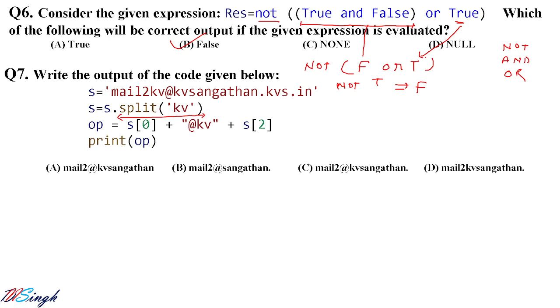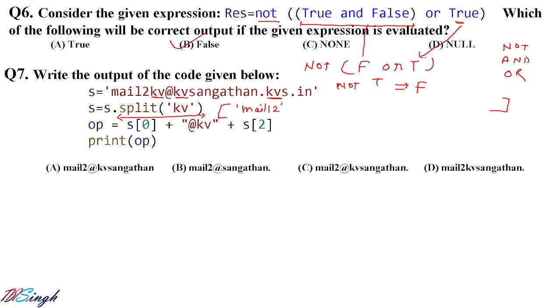So split function takes one argument, that is a delimiter, and this is going to return a list. And what are the elements of the list? Wherever it finds that delimiter inside the string, it is going to break that string from there and create a list of it. So what value will s have? S will have a list, and this list contains what? The first element will start from here, and this is mail12.